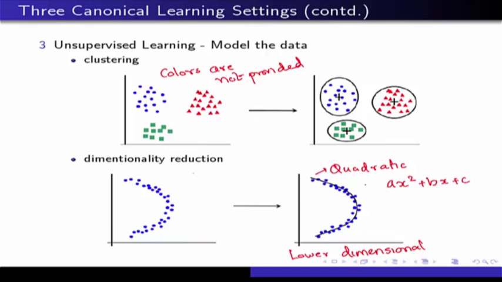So whereas in the left hand side you had to explicitly provide the x coordinate and y coordinate for each of these points, in the right hand side all you need to do is provide the x coordinate, and the y coordinate is computed using this approximate formula ax square plus bx plus c for some appropriate choice of a, b and c. So this is a case of dimensionality reduction.